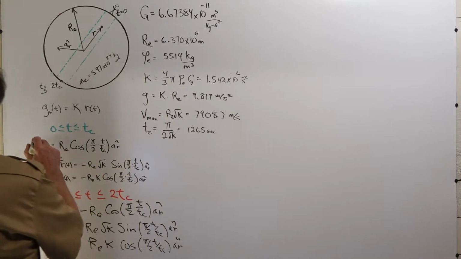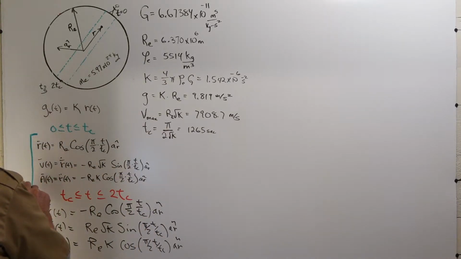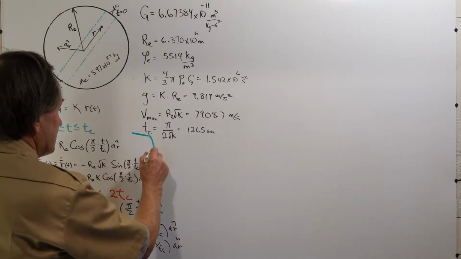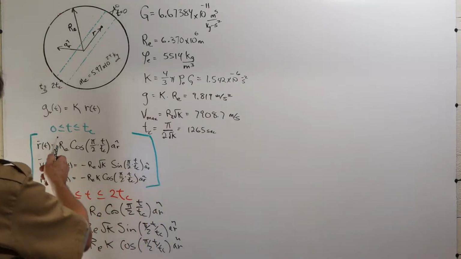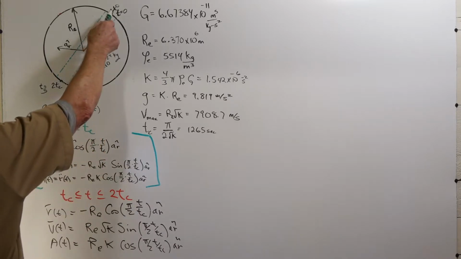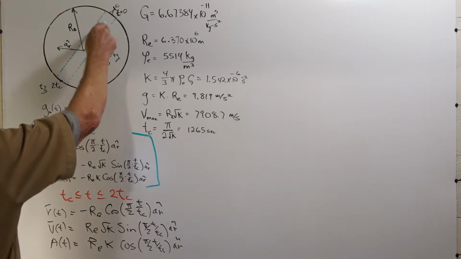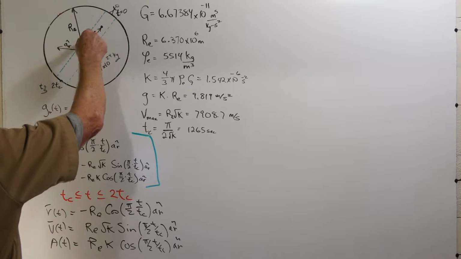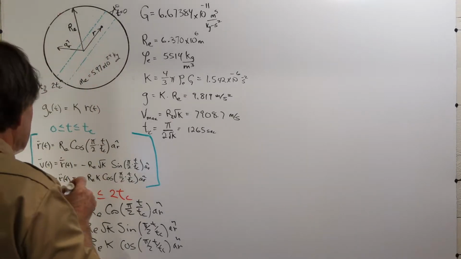We have two sets of equations. One set is valid for time between 0 and TC, that is the time to reach the center of the Earth when stepping into the hole and traveling down through the hole to the center.